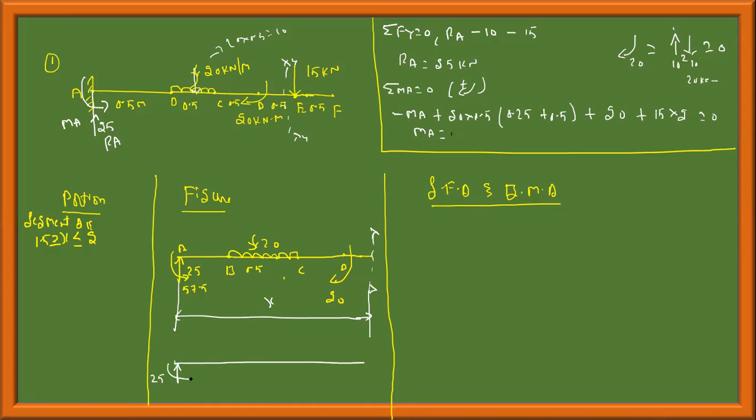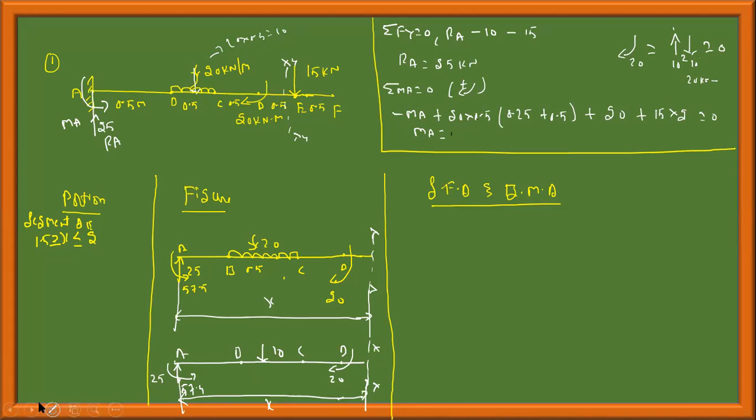25, 57.5. This force 20 into 0.5 is 10. This is A, this is B, this is C, and then this is D. Here there is a moment 20 kilonewton meter, and this is section x4, x4. And this distance is x.